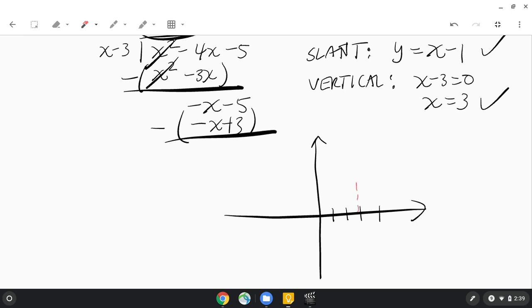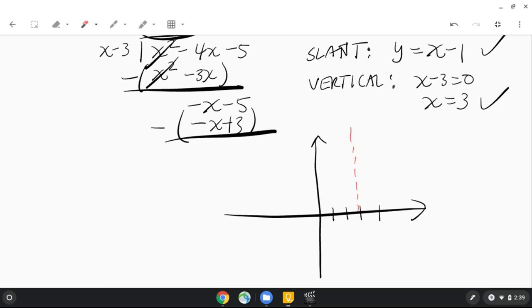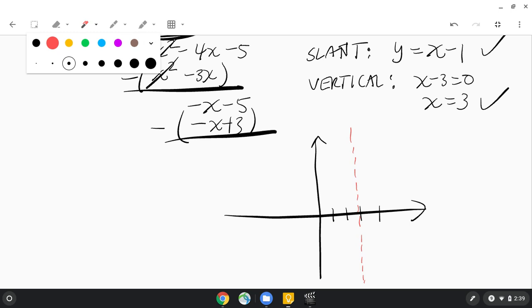Okay, so x equals 3. And then y equals x minus 1. So hopefully you remember how to graph that using the shortcut method.